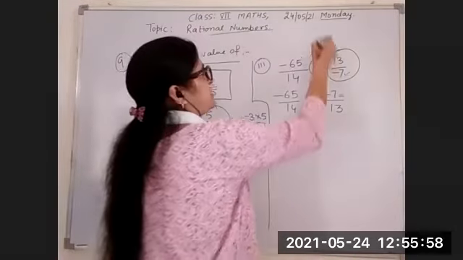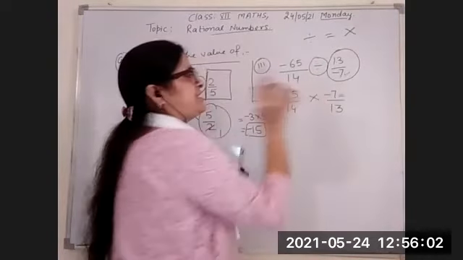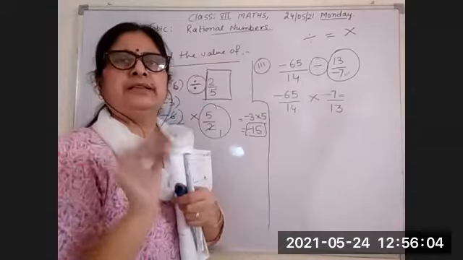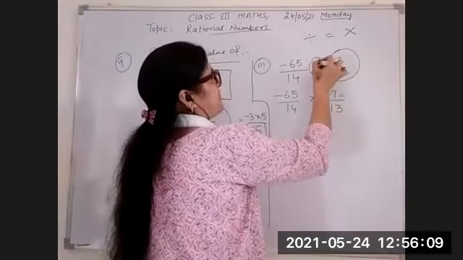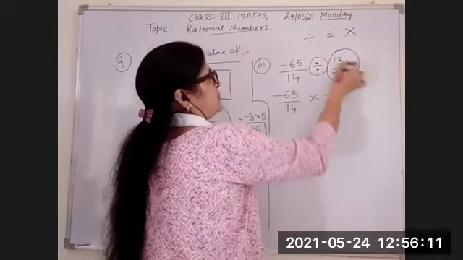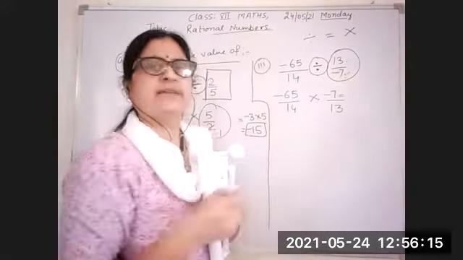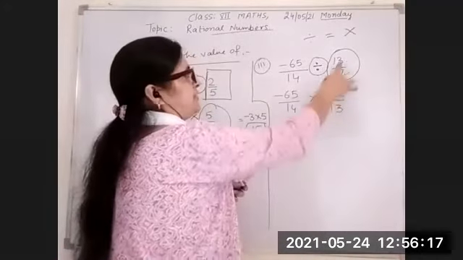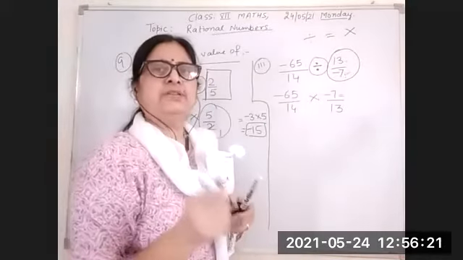First, divide changes into multiply. Then you have to take the reciprocal of your next number. After the division, you have to take the reciprocal of 13 upon minus 7. So the reciprocal of 13 upon minus 7 is equal to minus 7 upon 13.